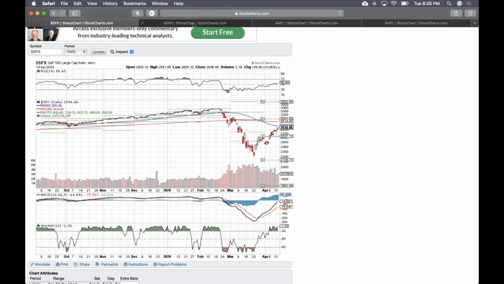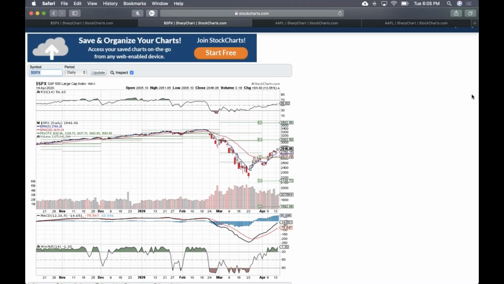But that's not as important. I did want to show shorter term. Here's our crossover on the RSI, our crossover here on our 5 and 20 exponential moving day average. Of course, this guy down here as well.